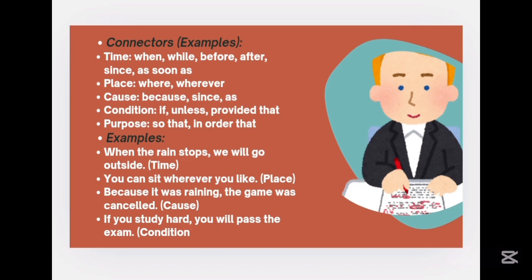For example, when the rain stops, we will go outside. It's the time. And wherever you like is the place. Because it was raining, the game was cancelled. It's a reason. If you study hard, you will pass the exam. It's conditions.